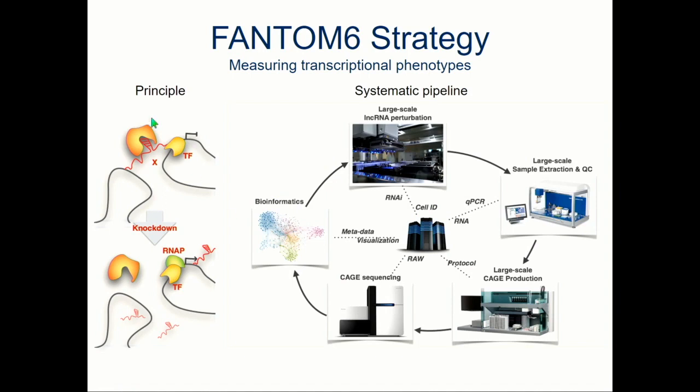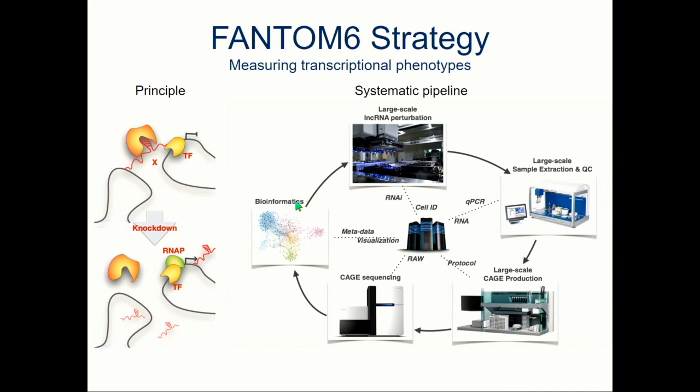And we came up with a strategy, with a principle, to perturb long noncoding RNAs and see if there is any transcriptional phenotype. So what we do, we put one antisense oligonucleotide. Usually it is a gapmer that through RNase H will, for instance, cleave these noncoding RNAs. The idea is, if this noncoding RNA, for instance, is involved in repressing a locus, we will see that a gene will be expressed after we knock down the noncoding RNA.